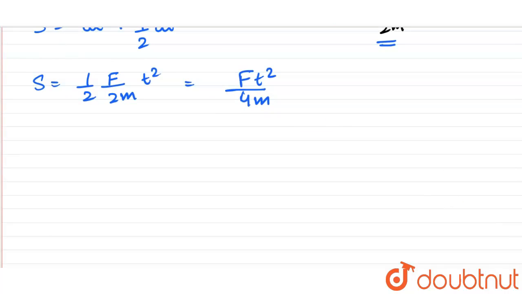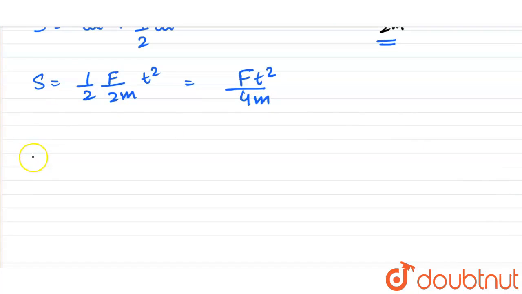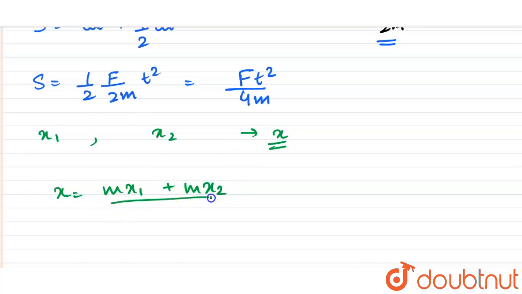For that, to find the displacement of each block, let's assume that first block is moved by a distance x1 and second block has moved by a distance x2, and we know that center of mass of the system is X. So from here we know that X equals mx1 plus mx2 upon 2m. So this is center of mass of the system, this is the displacement of mass m, and this is the displacement of the other block.